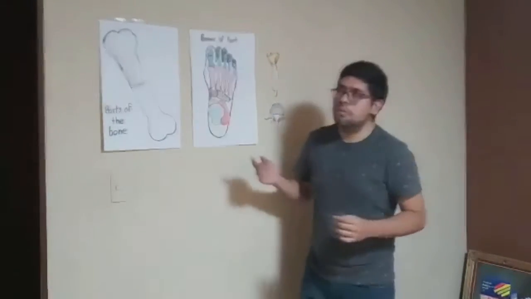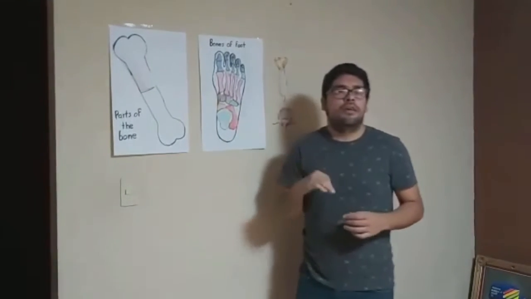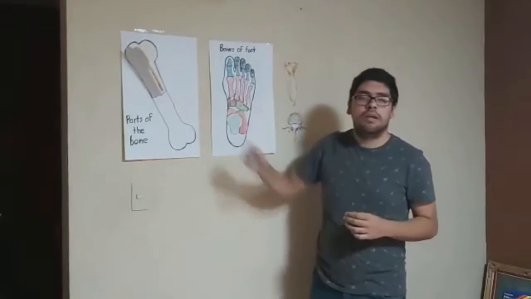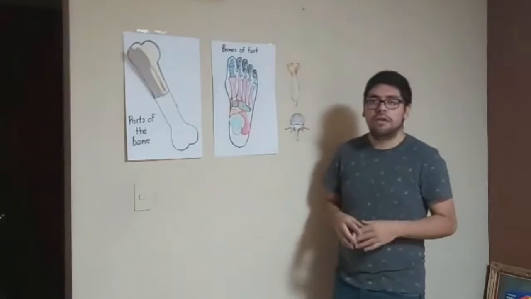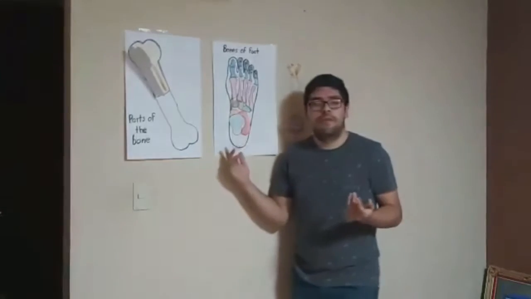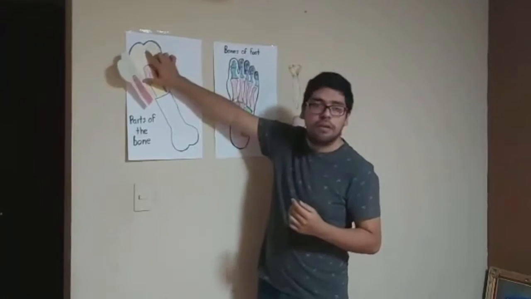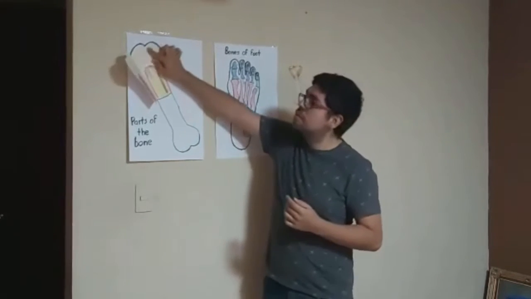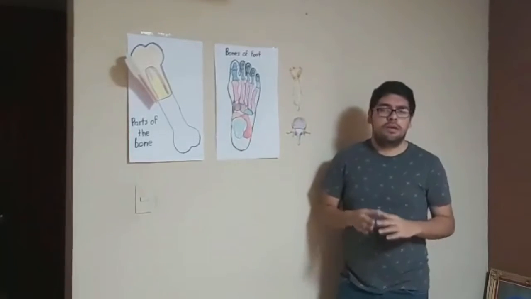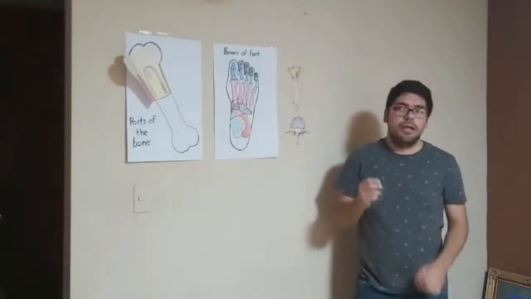The compact bone is found especially in the shaft of the long bones and in the outer layers of the short, flat, and irregular bones. Cancellous bone fills the central regions of the epiphysis and the inner portions of the flat, short, and irregular bones.